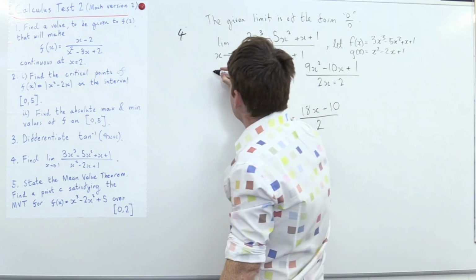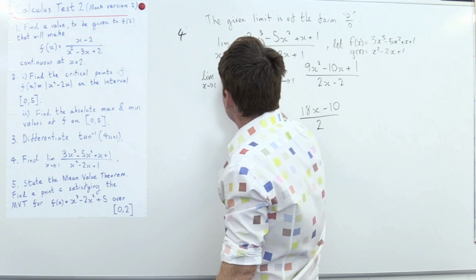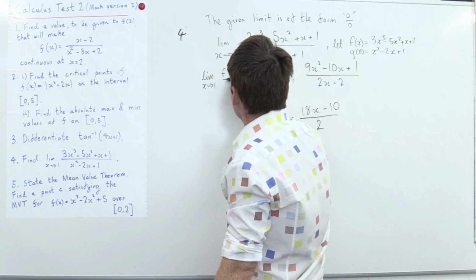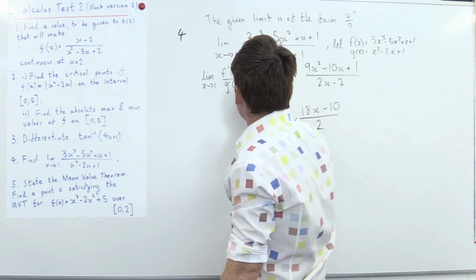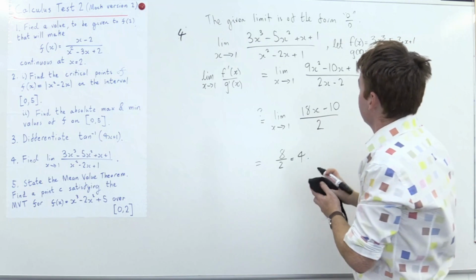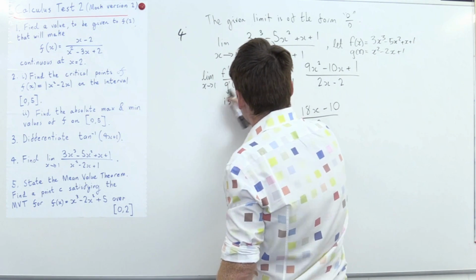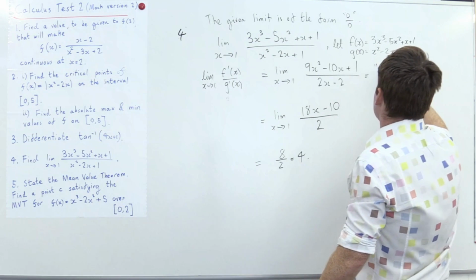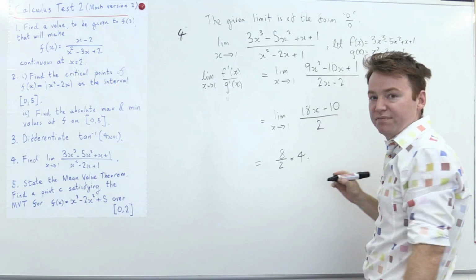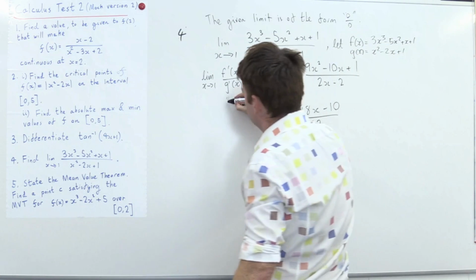What you can say is that the limit as x goes to 1 of f prime of x over g prime of x is equal to this, where you take the derivatives, and this is also of the form. Or you could even just say this is equal to 0 over 0 if you like. Well, maybe that's not even, is of the form.